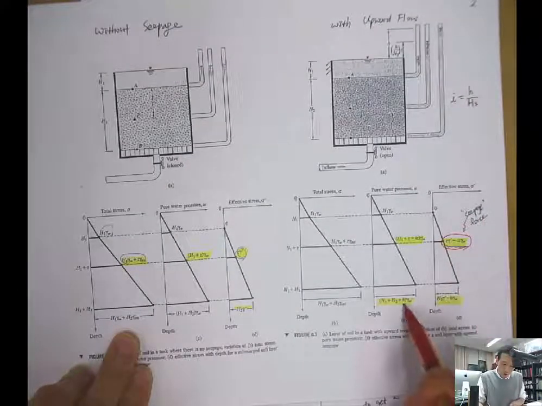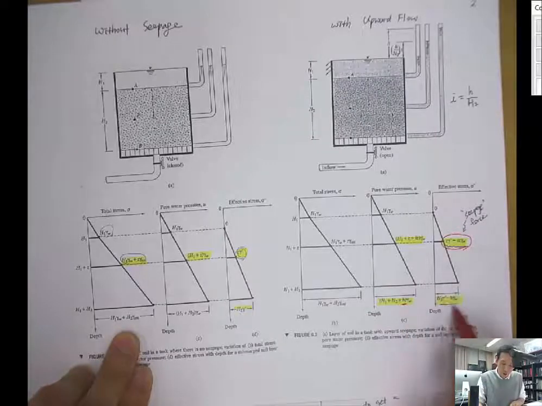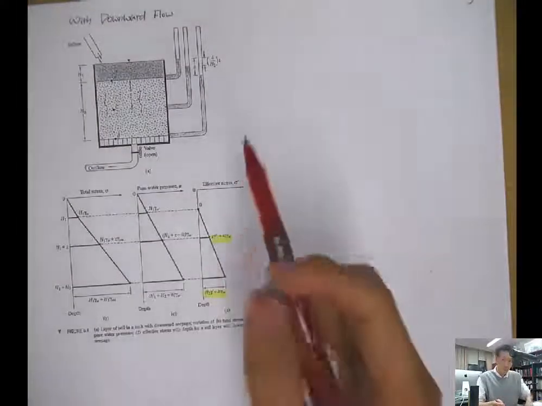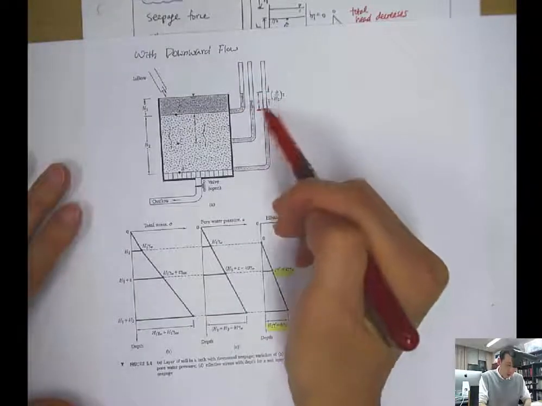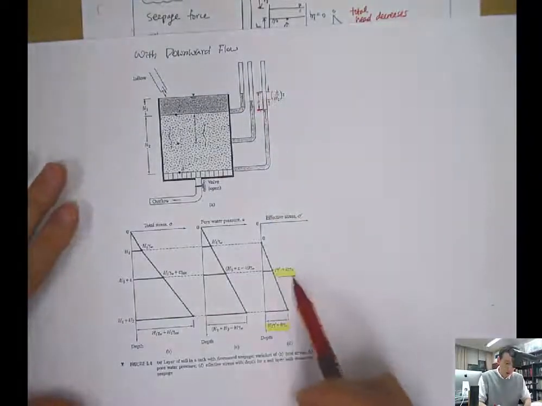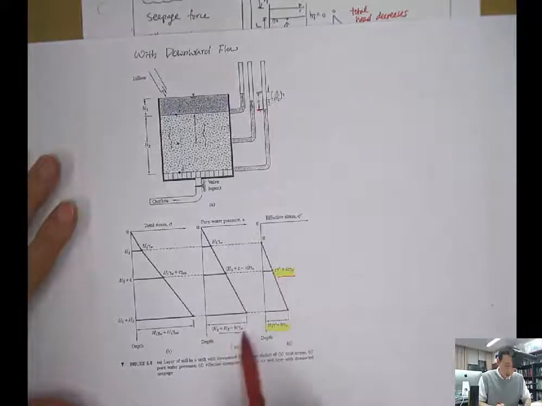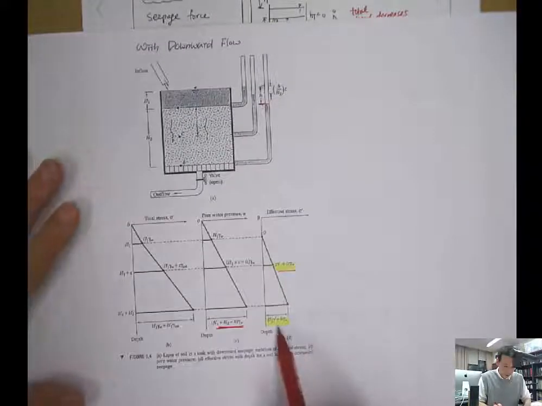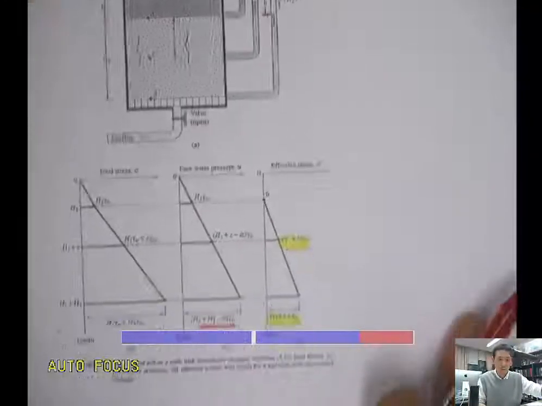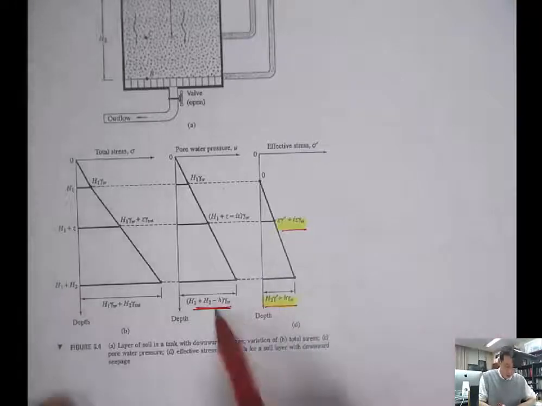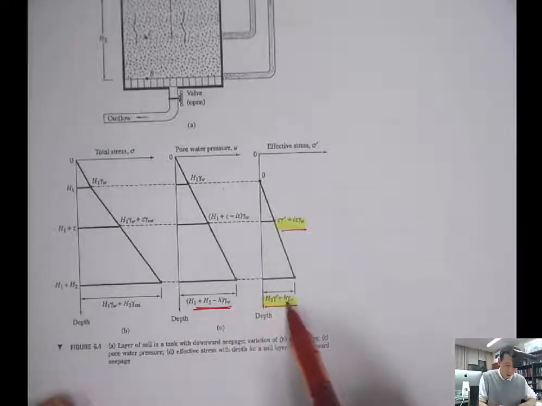So pore pressure increases by H, so that the effective stress decreases by H times gamma w. With the downward flow, with the total head difference H, you have a decrease in pore pressure, so minus H, and because of that, you have an increase in effective stress. So here you can see the minus H, and here is a plus H.